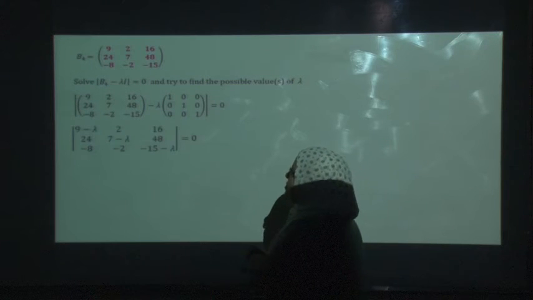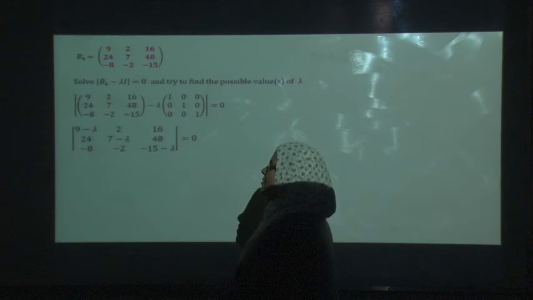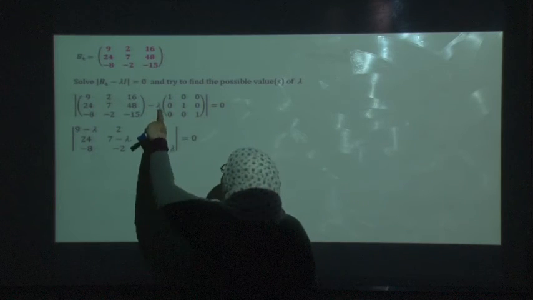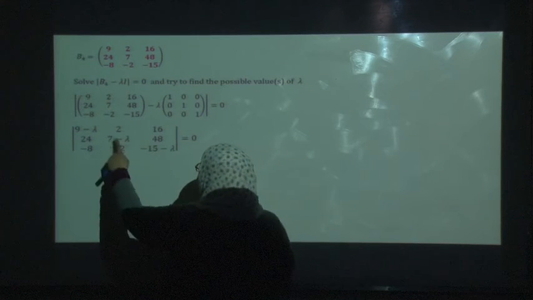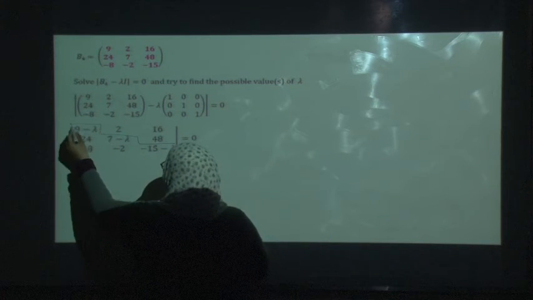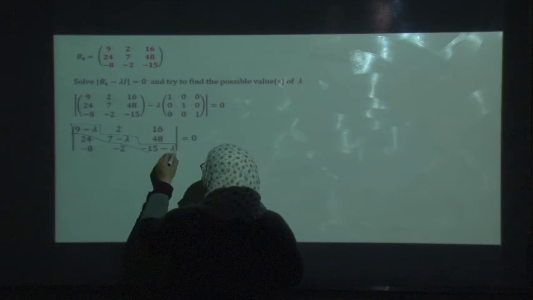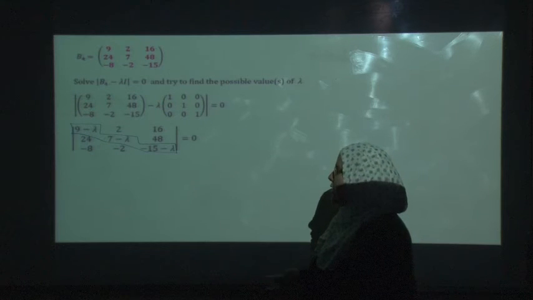Do the subtraction. The diagonal elements only will be affected. They will be minus lambda because here we multiplied these ones by lambda. The off-diagonal elements are not affected. They are exactly the same. This is how we can signify the diagonal elements.